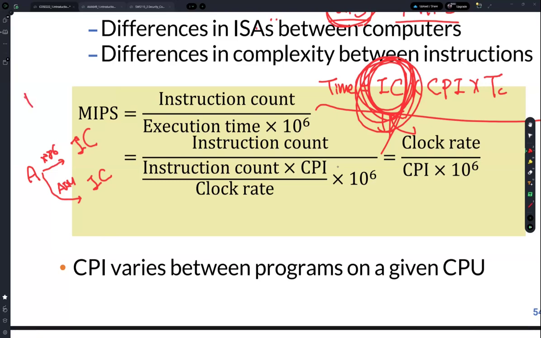Maybe the MIPS of x86 is lower than the MIPS of ARM. That can be possible. But we cannot say that ARM is faster than x86 in this case, because the instruction count can be different.